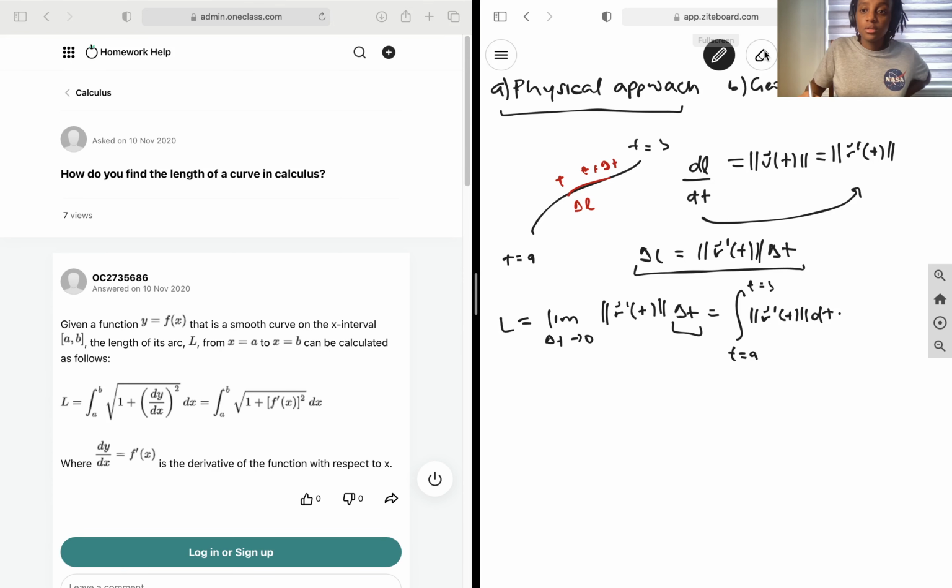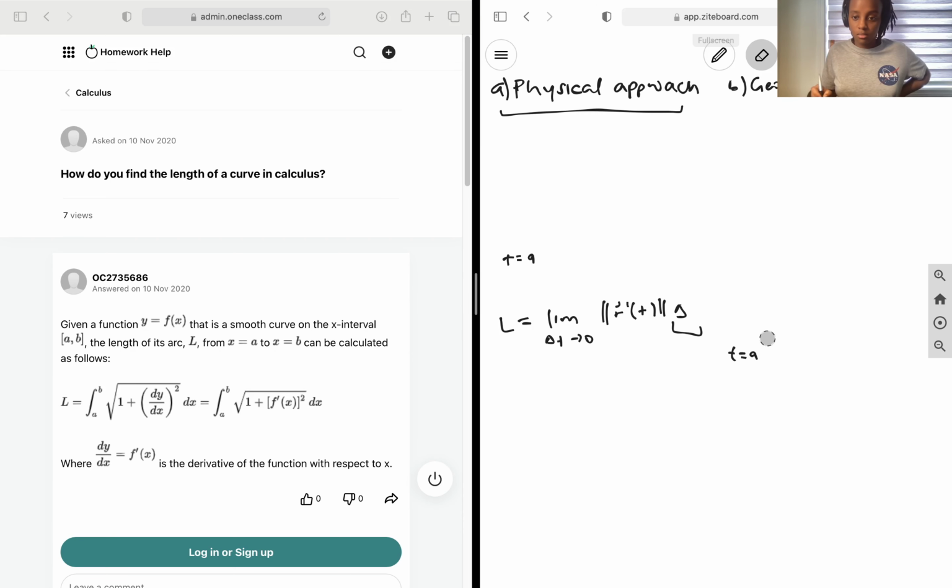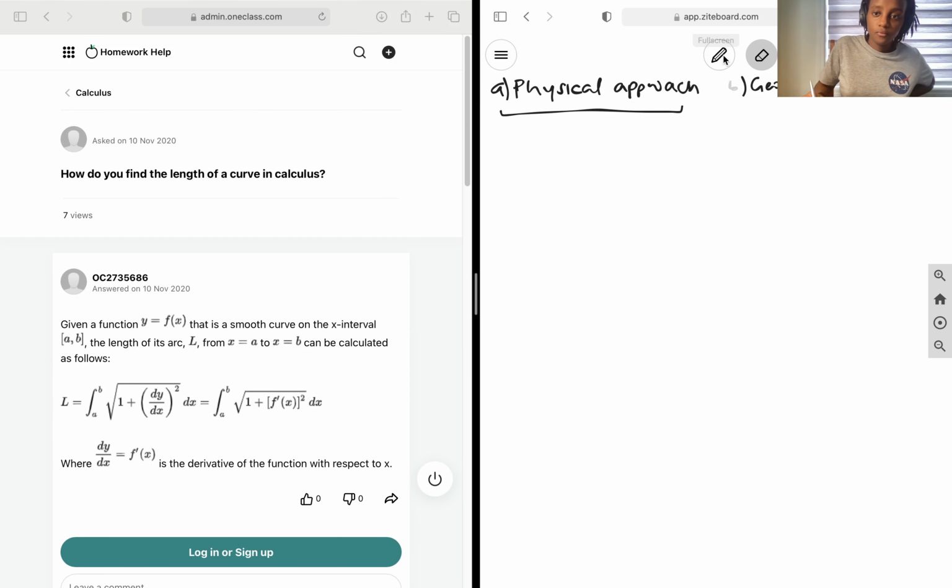If we want to use the geometrical approach, it will lead to the exact same result. And so imagine a curve.